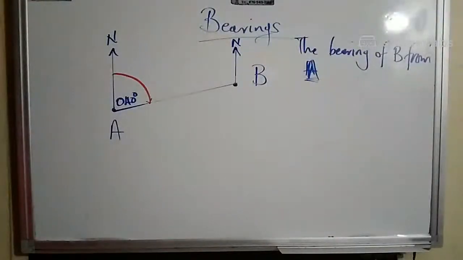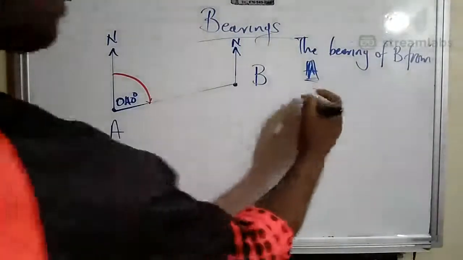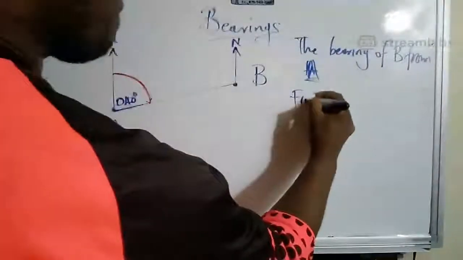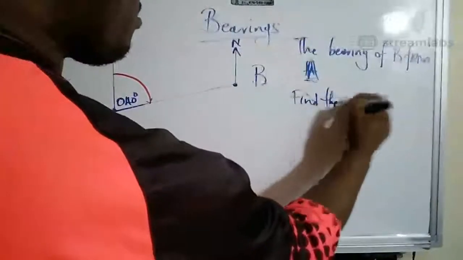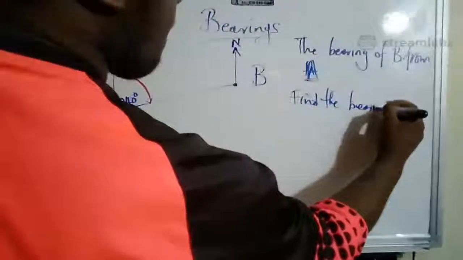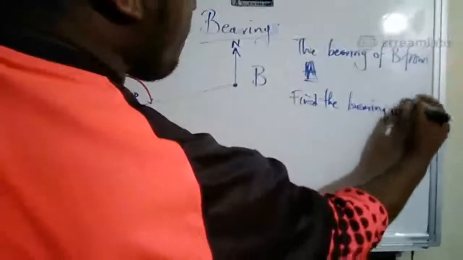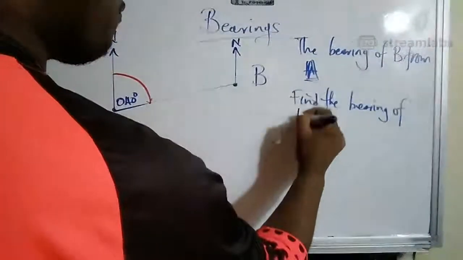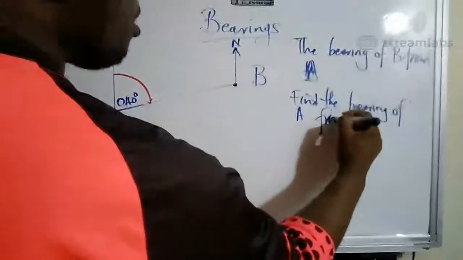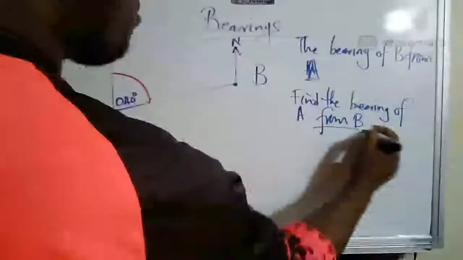Alright, so the first thing that we do now, the bearing of B, let us find it. So let me just write it. Find the bearing of A from B. Remember, the from tells us where the angle must fall, right?